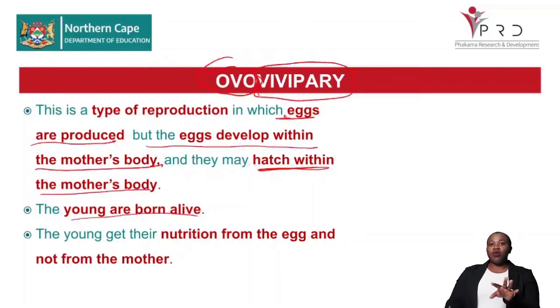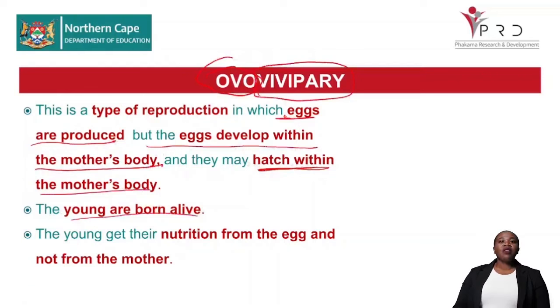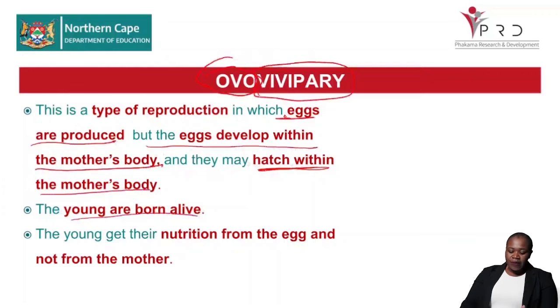Another difference between vivipary and ovovivipary. Remember, with vivipary, the young get their nutrients from the mother's body, right? In this case, the young get their nutrients from the egg itself, right? So the egg yolk would be the one that provides the food instead of receiving it from the mother's body.